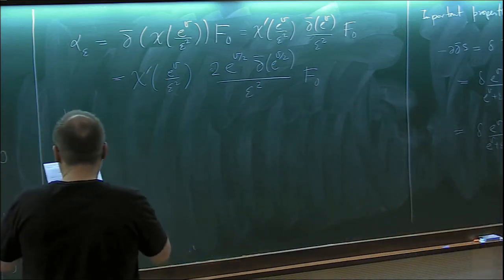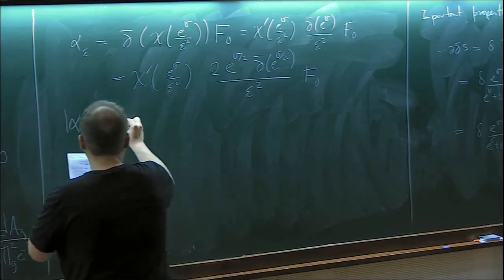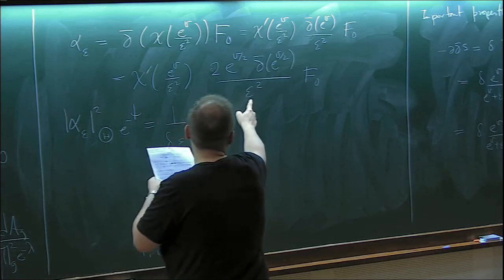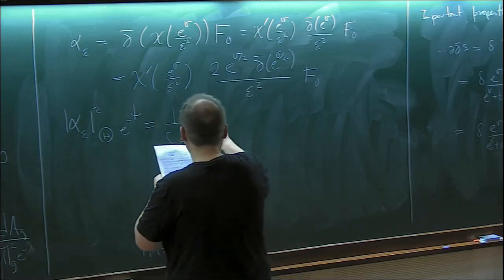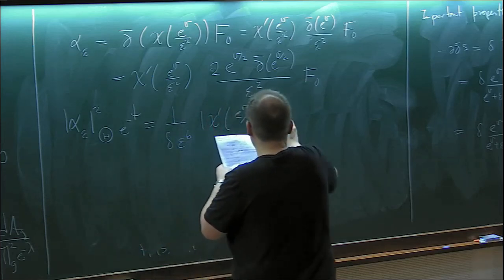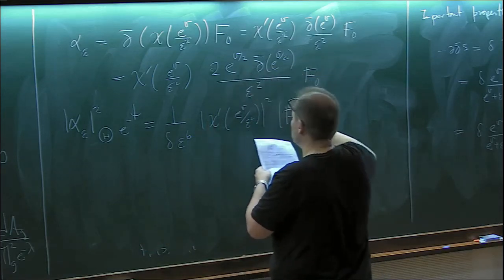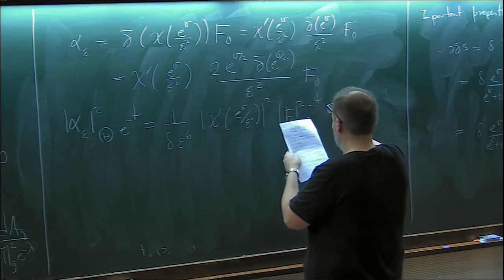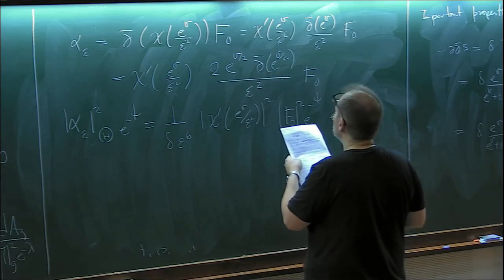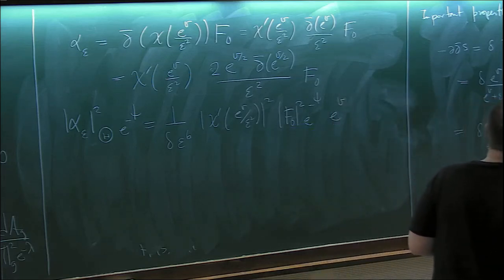So what this means is that alpha epsilon squared theta e to the minus psi is equal to 1 over delta epsilon to the 6th, this has to get squared, chi prime e to the v over epsilon squared, squared f0 squared e to the minus psi, then this e to the v over 2 gets squared, so e to the v, and then you're supposed to divide by this norm.